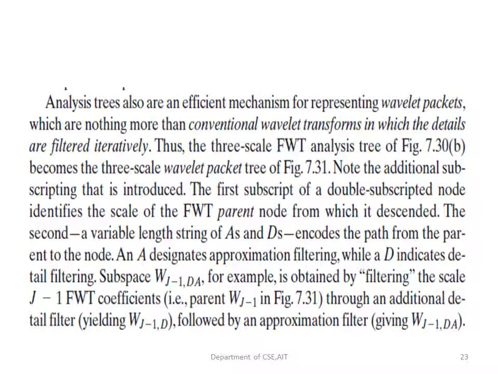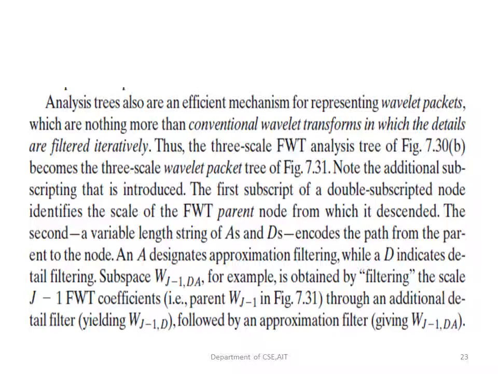The first subscript of a double subscripted node identifies the scale of the fast wavelet transform parent node from which it comes. The second, a variable length string of A's and D's, encodes the path from the parent to the node.